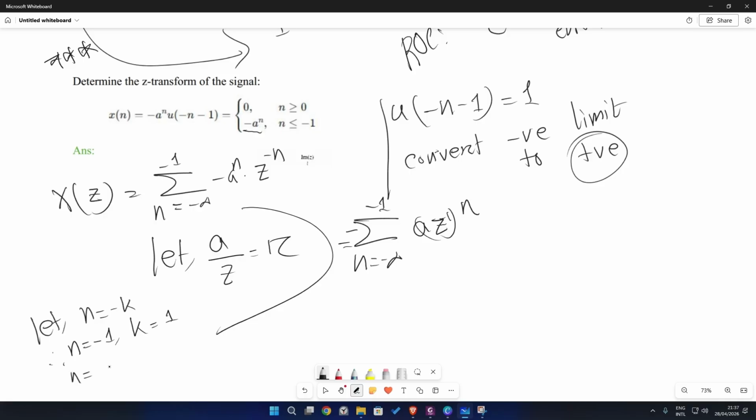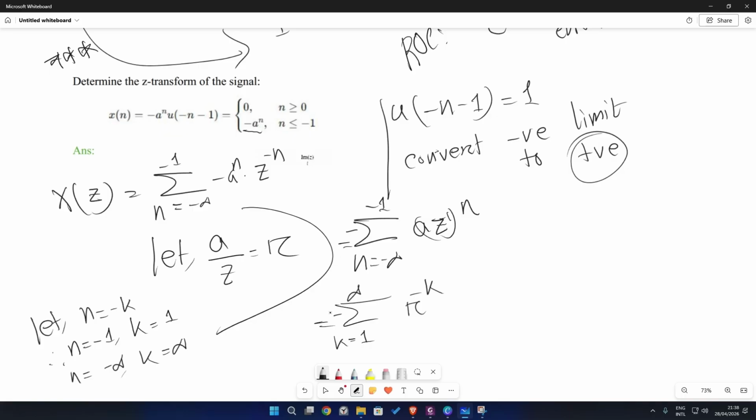If n equals minus infinity, then k will be infinity, so it is converted to a positive limit. Now you can write the summation with k from 1 to infinity of r^k.